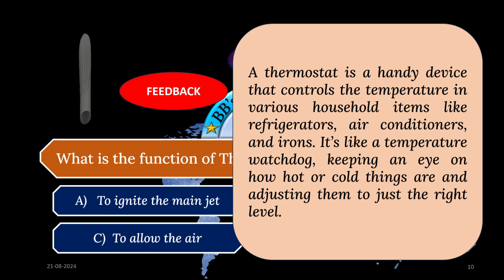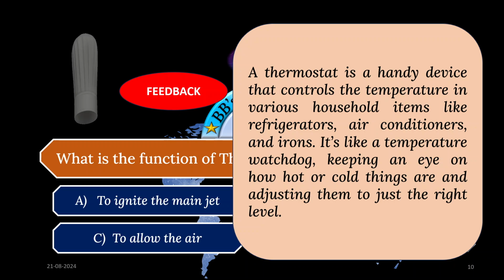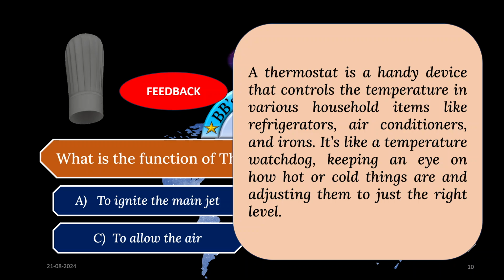So thermostat is giving us the facility to control the temperature to the right level. Okay, I believe this piece of information is also very relevant for you, and it is definitely helping you to enhance your knowledge. Okay, that's fine. Let's proceed to the next question now.